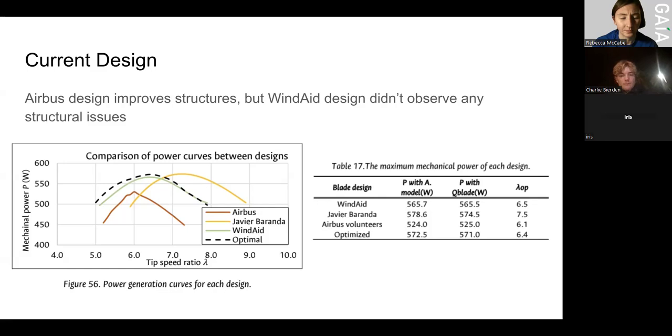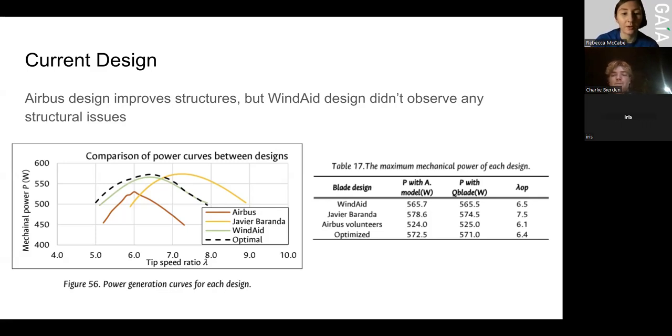So Airbus was working with WindAid, and instead of trying to improve aerodynamically, they were thinking, what if we improved the structural integrity? They have that design, the red curve, that they worked with WindAid to build, that sacrifices the aerodynamic performance a little bit, but has better structure.